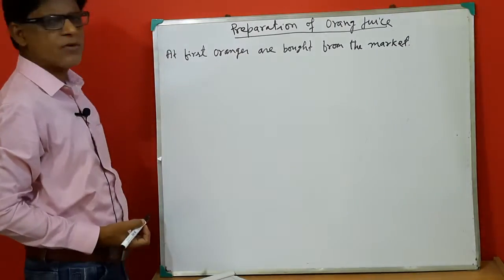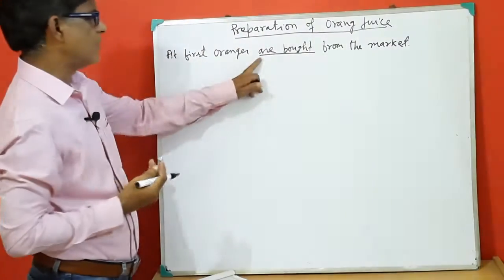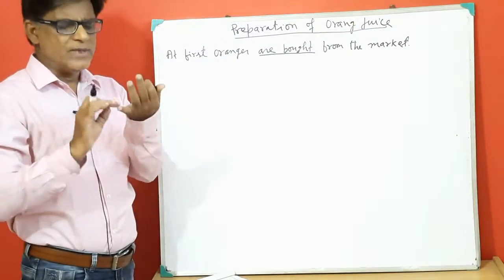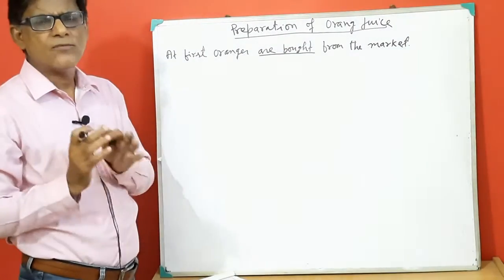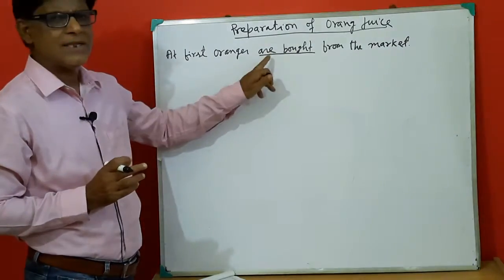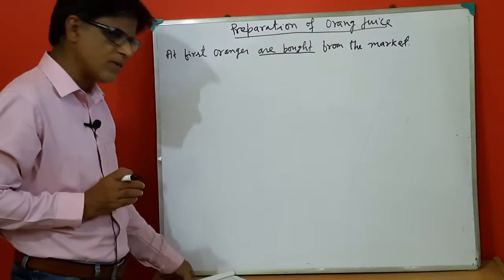Oranges are bought from the market. Now look here, this is the passive voice, are bought. In the passive voice we use helping verb first, then third form of the main verb, are bought, and this is in the simple present tense. At first oranges are bought from the market.